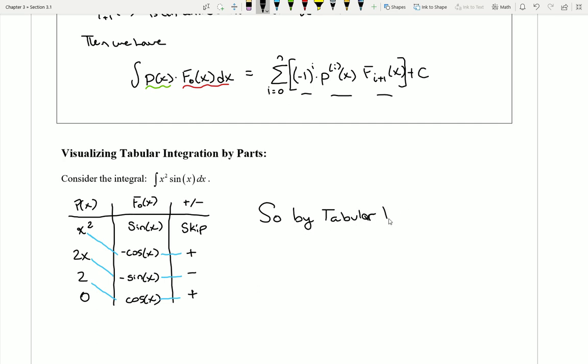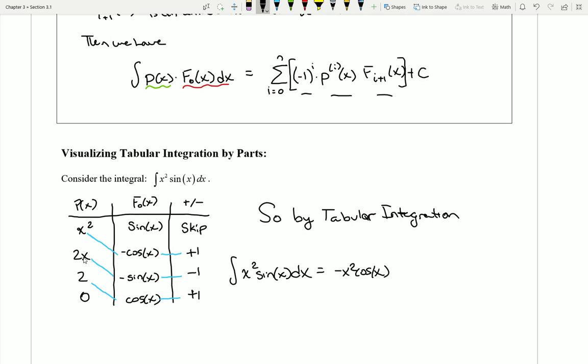So, by tabular integration, what I end up with is that my integral of x squared times the sine of x, take a look at how beautiful this is, is going to be these 3 items multiplied together. Notice if it's helpful, you can imagine these as plus or minus 1s at the back. So I'm going to have a negative x squared cosine x.